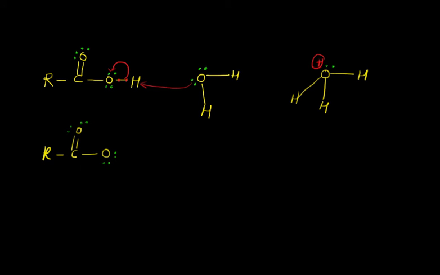Now the lone pair of electrons in between this oxygen and the hydrogen will come onto this oxygen, and now we need to write the negative charge on this oxygen.